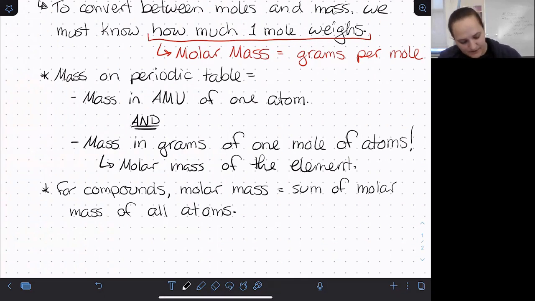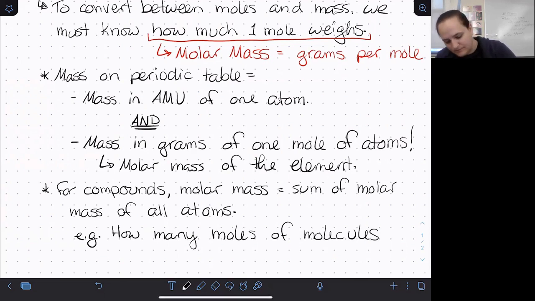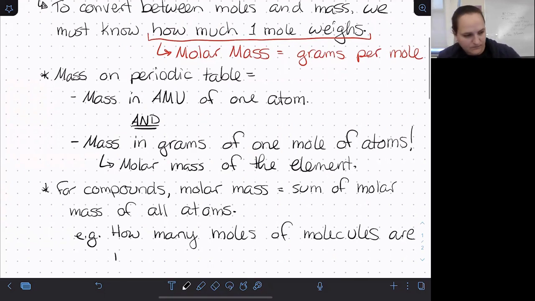So, for instance, if we wanted to figure out how many moles of molecules are in 100 grams of NH3.